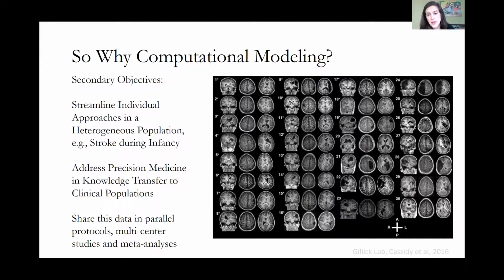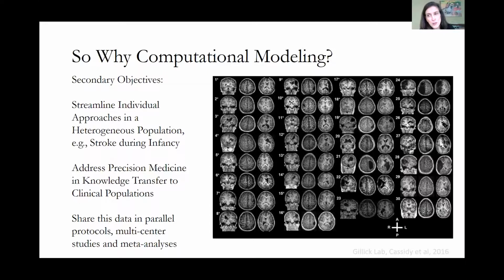This is a figure from one of our publications. These are participants in one of our studies. You can see the heterogeneity of the lesion. You can imagine that streamlining individual approaches for all of these different individuals, with lesion locations and burdens that vary throughout a study, is very important.